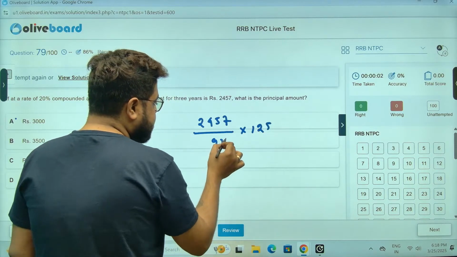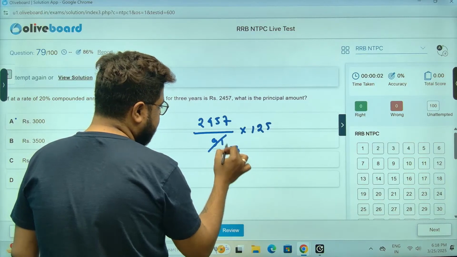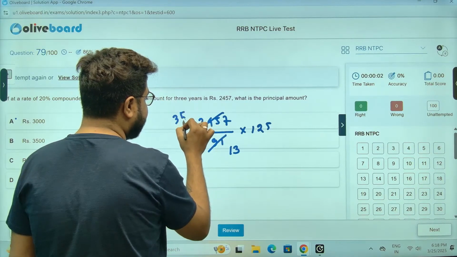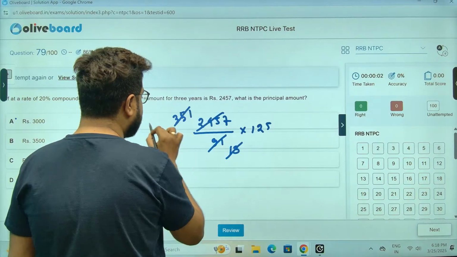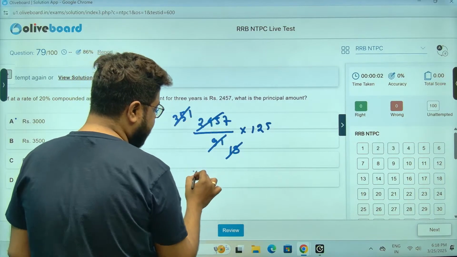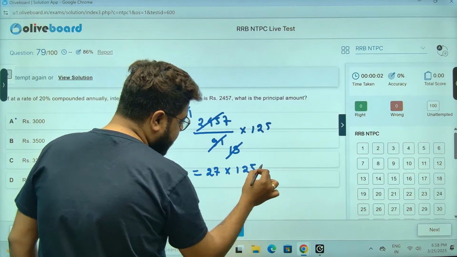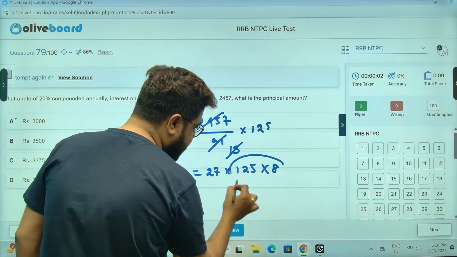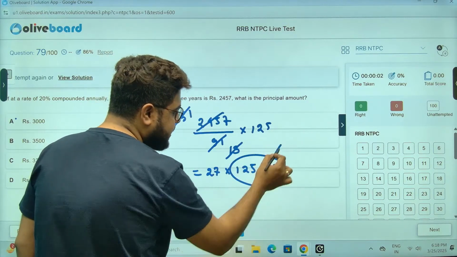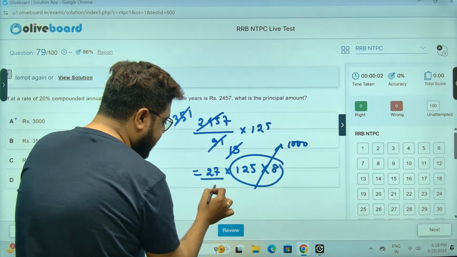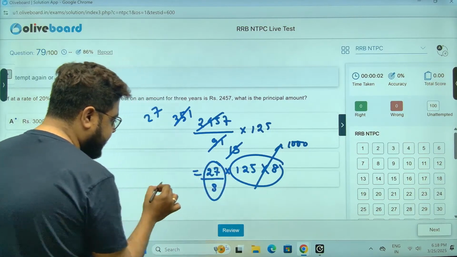You see, it is 7, 13, 7 7s, 7 3s are 21, 35 means 7 5s, 7 1, 13 2s are this, 7 9s are this. So ultimately we are having 27 times 125. Whenever you see 125, you multiply by 8. This is 1000, sir. Now if I multiplied it, I have to divide by 8. So 8 3s are 24.